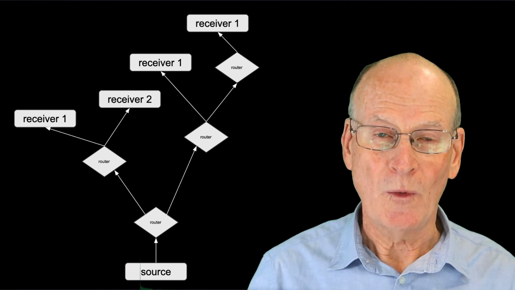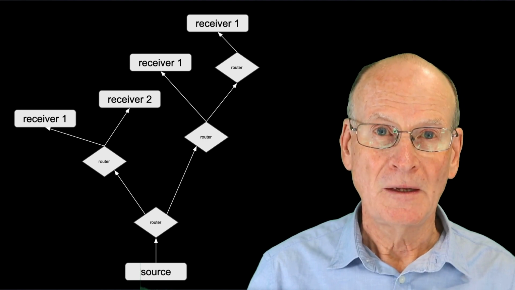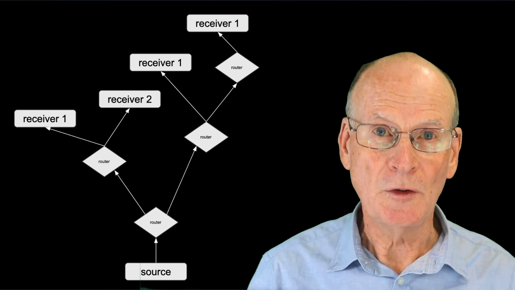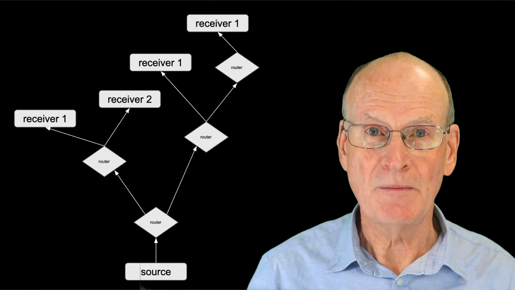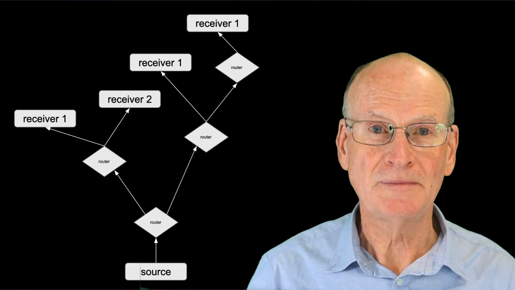And eventually that one packet is copied all the way to all the different receivers. The tree is built using a control protocol called the Internet Group Management Protocol, or IGMP, and it's used for routers and clients.